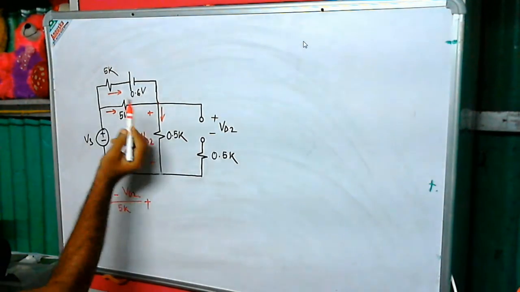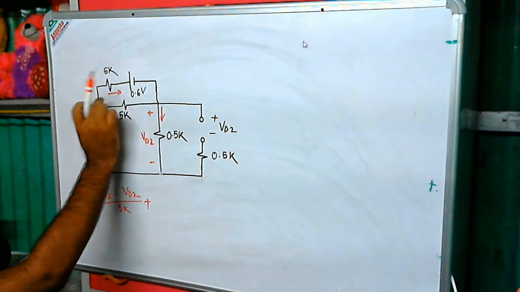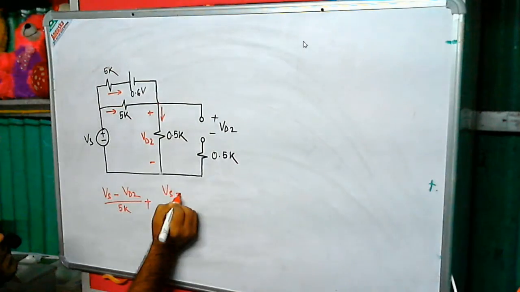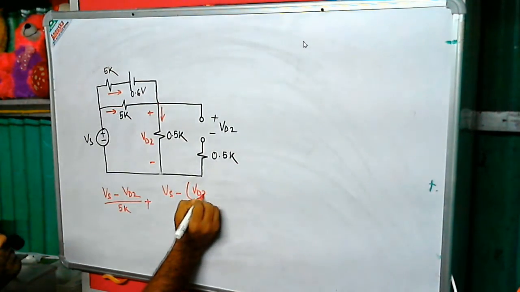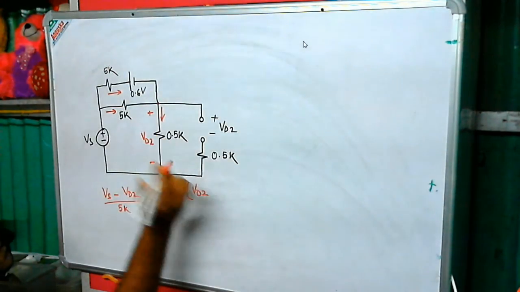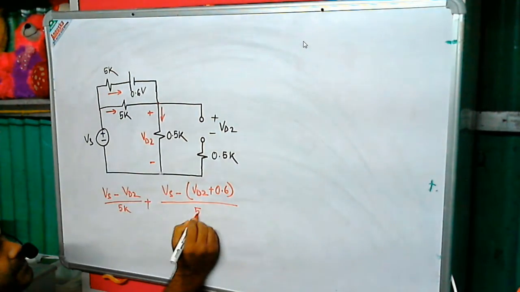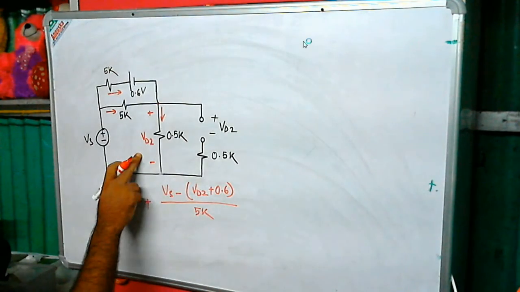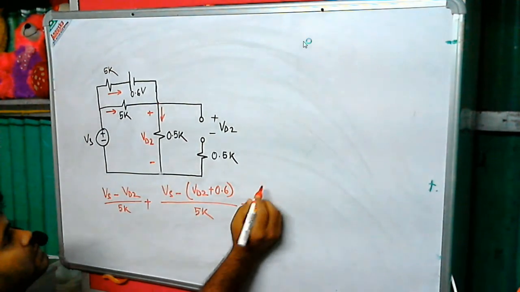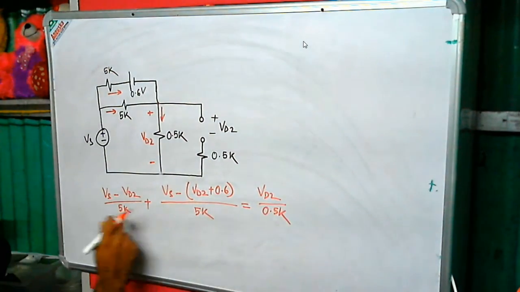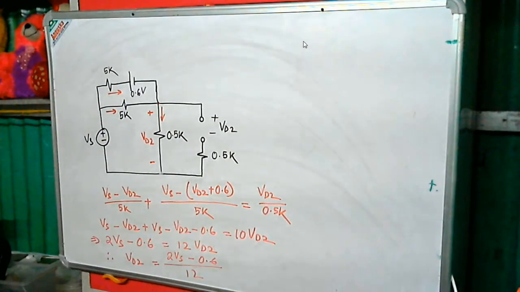The potential over here is Vs plus 0.6, so it is Vs minus VD2 plus 0.6 divided by 5k. And over here this is equal to VD2 divided by 0.5k. You can cancel k on both sides, so after simplifying this equation you will get VD2 as (2Vs minus 0.6) divided by 12.